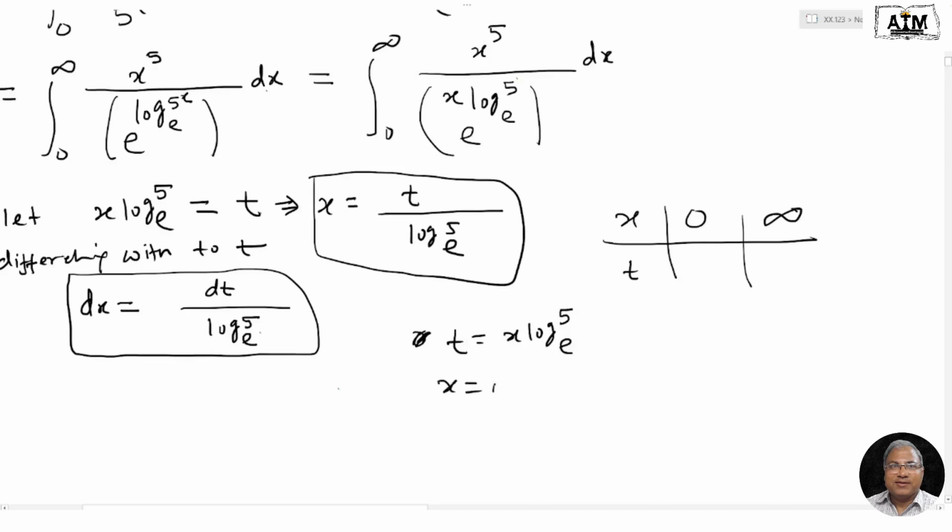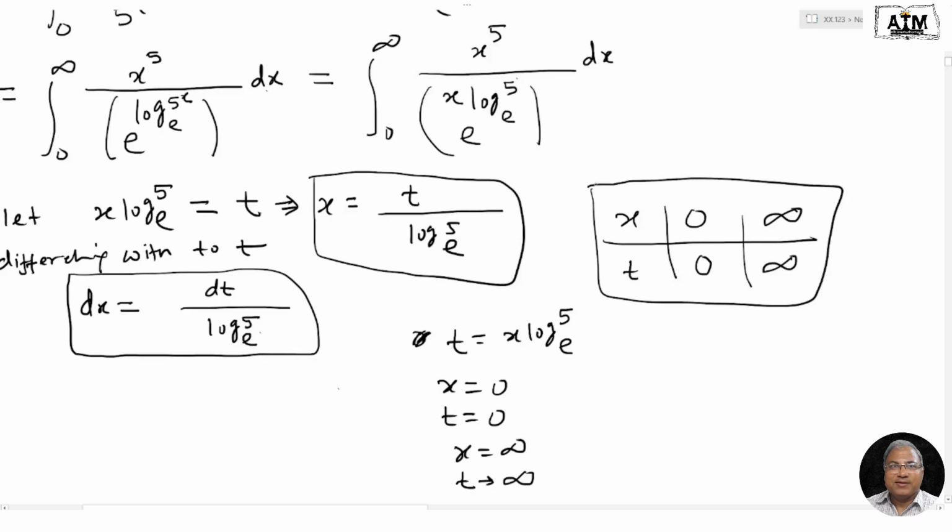If I put x equal to 0, it implies t equals 0, and if I write x equals infinity in place of x, then t will also tend to infinity. So the limits remain the same after converting from the x variable to the t variable.